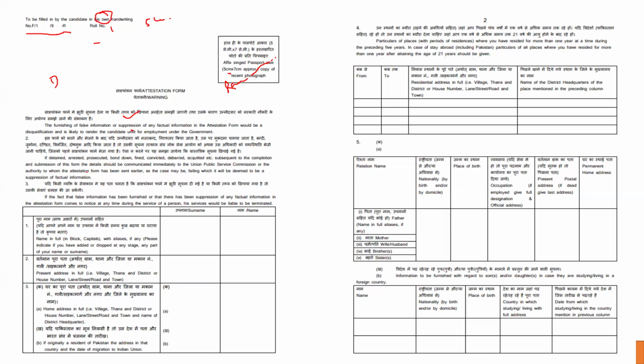If detained, arrested, prosecuted, bound down, fined, convicted, debarred, acquitted, etc., subsequent to the completion and submission of the form, the details should be communicated immediately to the Union Public Service Commission or the authority to whom the attestation form has been sent earlier, as the case may be, failing which it would be deemed to be suppression of factual information.